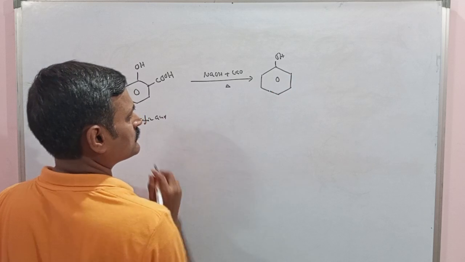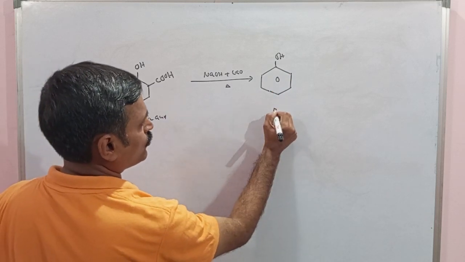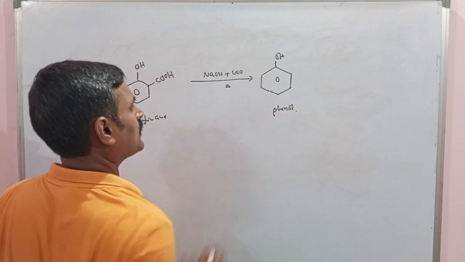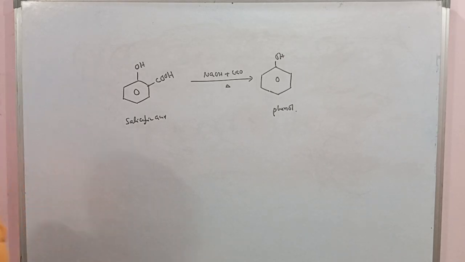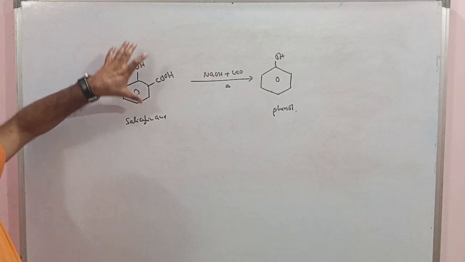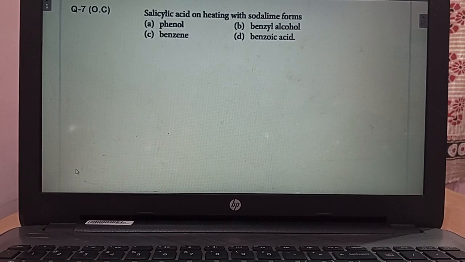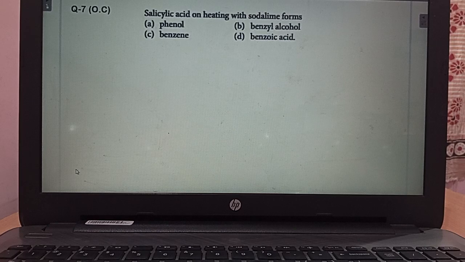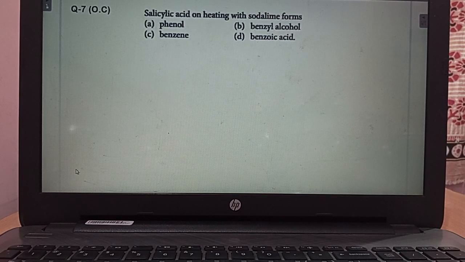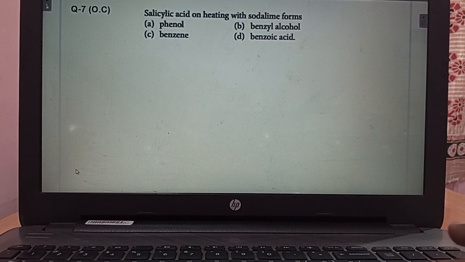The compound formed is called phenol. So phenol is the right answer. When salicylic acid is heated with soda lime, we get phenol.